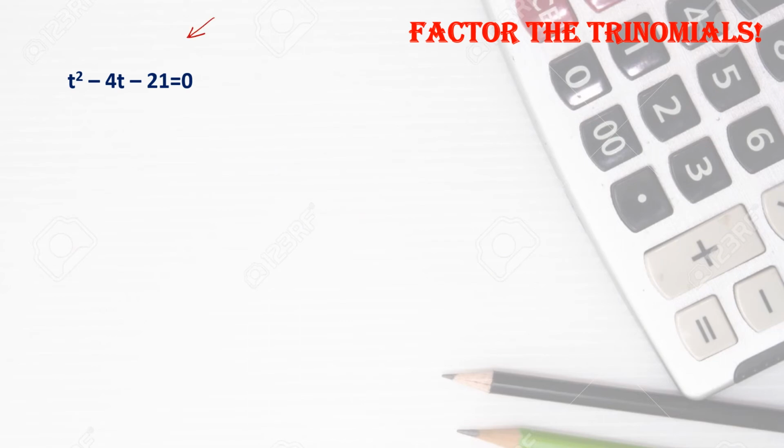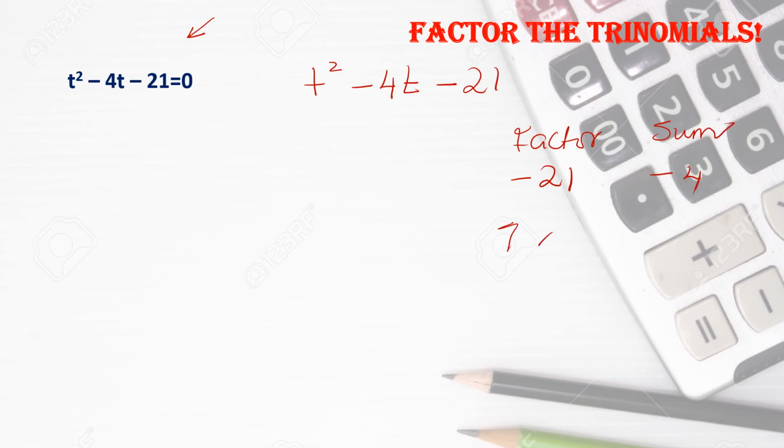Let's go through more examples. The first is t square minus 4t minus 21. So you have to factor negative 21 so that the sum is negative 4. You know that 7 times 3 will give you 21.